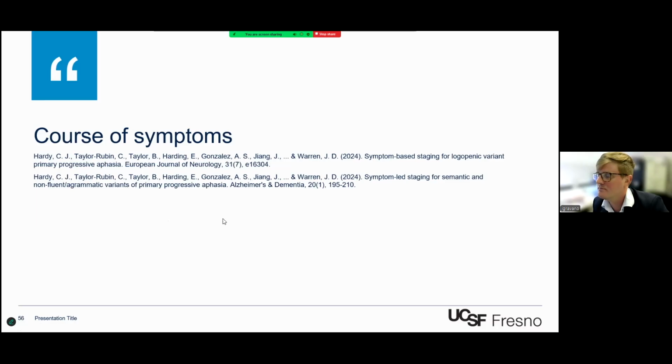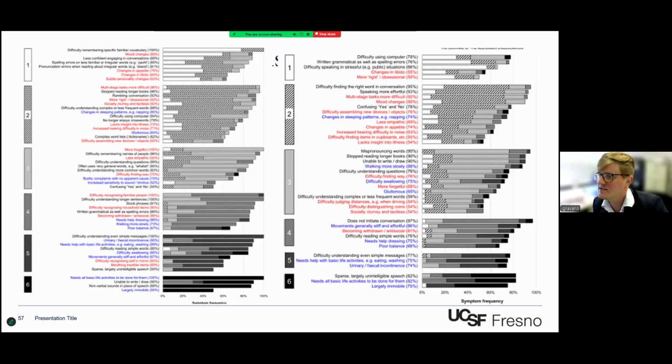These are worth reading, trying to understand at different stages where a person might be experiencing symptoms and what area the canonical syndromes that we've discussed before. This is a quick graphic, not to be memorized or looked into in detail, but just to show how they approach this at different stages. There are different common symptoms that are neurobehavioral, cognitive, and beyond language presentations.